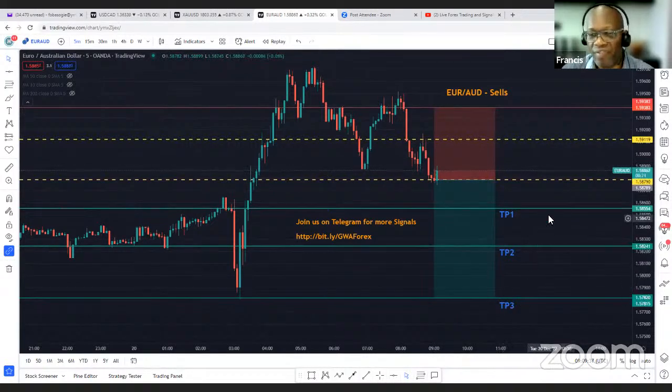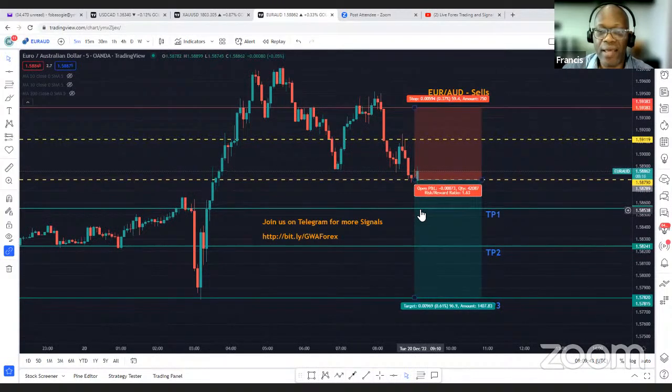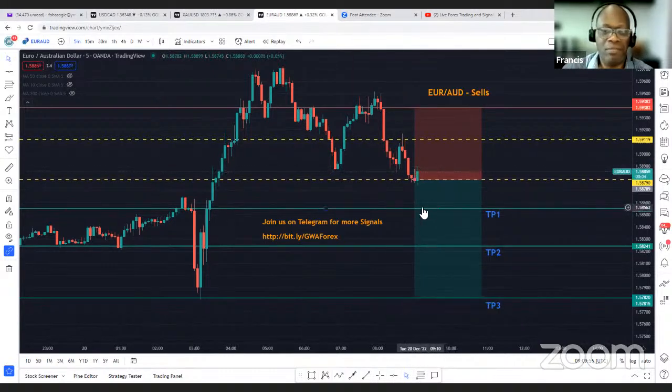TP basically means take profit. So if you're anticipating that the price is going to keep on dropping, when it gets here, you want to take partial profit. If you enter more than one position, you want to close out one position here.